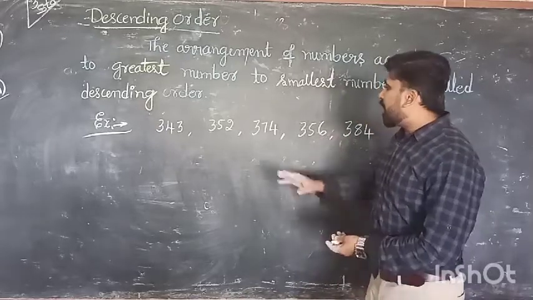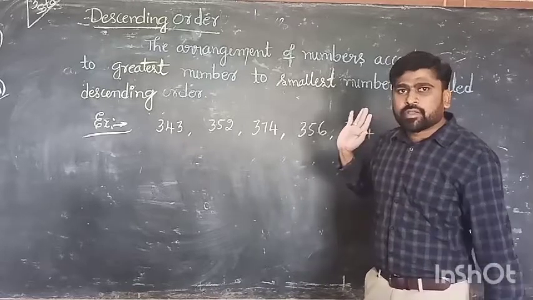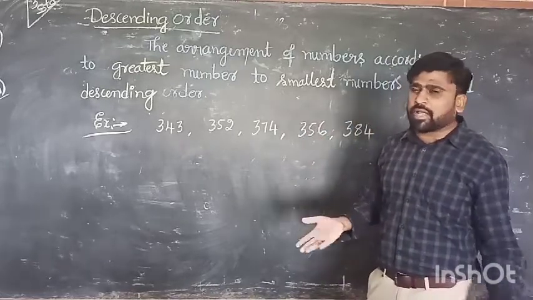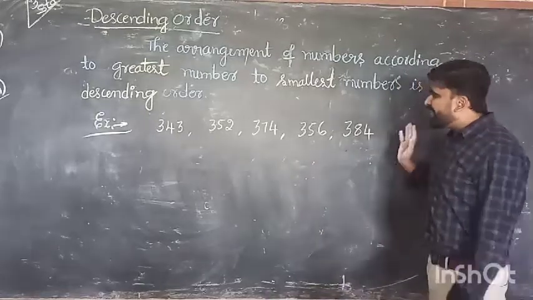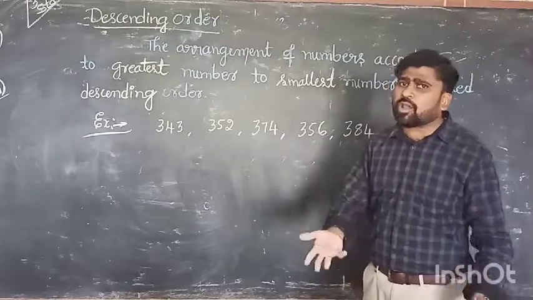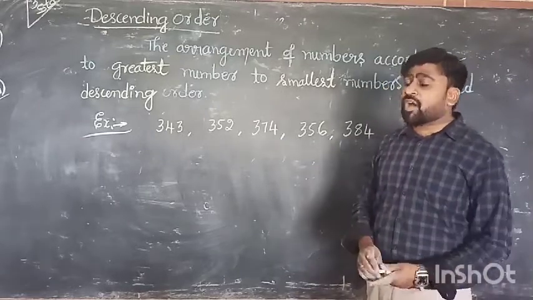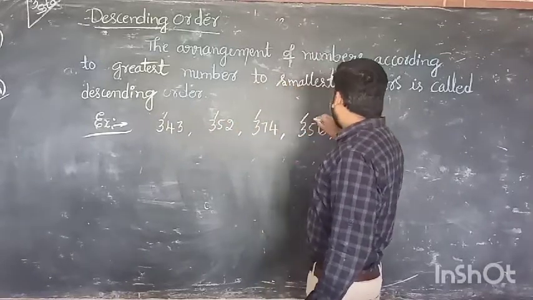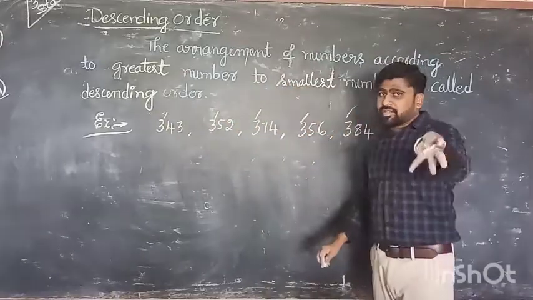Now look, all are 3-digit numbers. None is a 4-digit, 5-digit, 2-digit or 1-digit number. All the 5 numbers are 3-digit numbers. That means we cannot identify which is big and which is small. After that, the 100s place: 3, 3, 3, again 3, again 3.